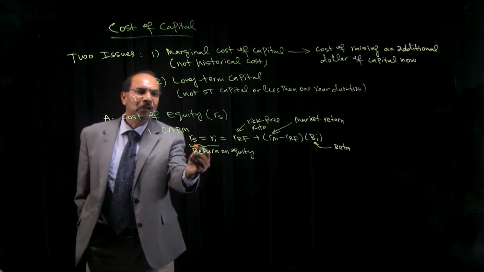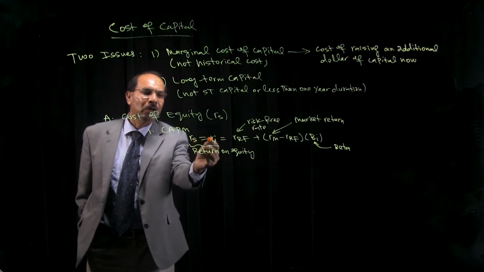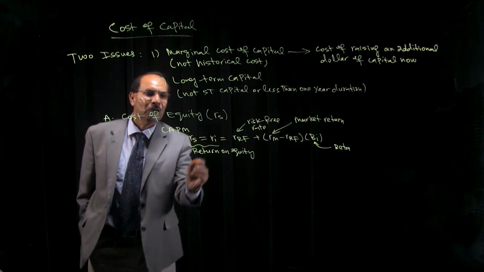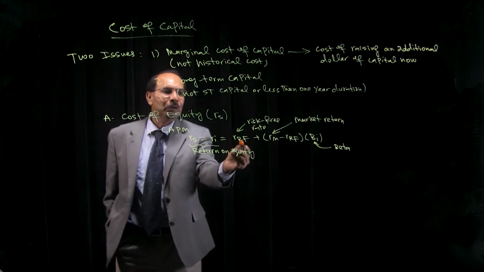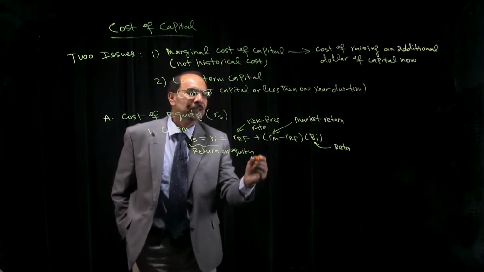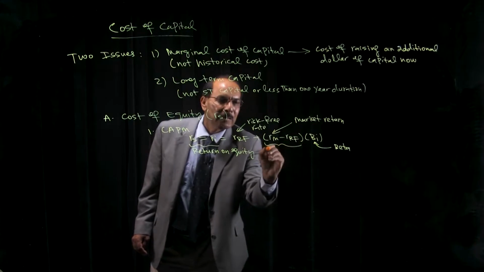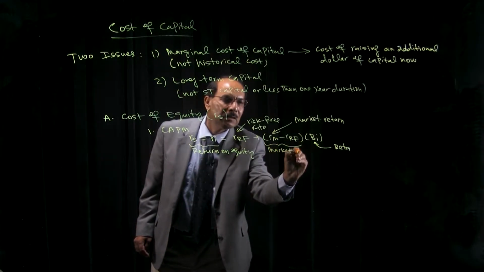So how do we find the cost of equity here? Cost of equity is going to be the same as the return on stock. We also refer to it as R sub i, for stock i, equal to the risk-free return plus market return minus the risk-free. And we have another name for it.